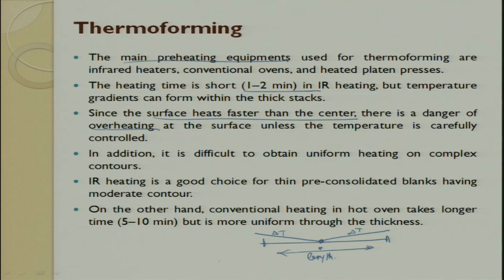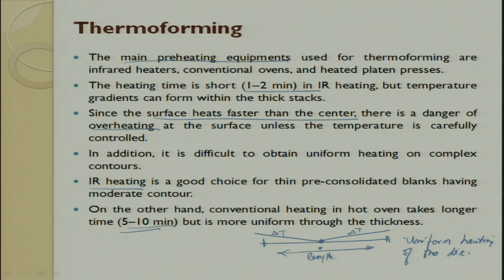So in order to have a uniform distribution, a complex heater is made. That means the heater will have a contour shape, so that it makes uniform heating of the die. So IR is heated and then it is used for consolidation.